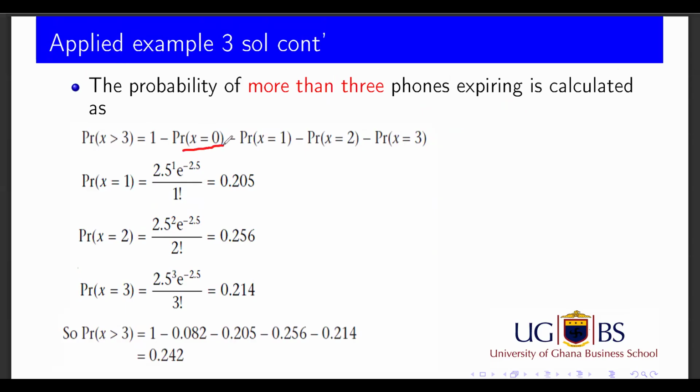Okay, find the probability of x is 0, x is 1, x is 2, and then x is 3, because the question was on more than 3. So if it is on more than 3, then you have to look at 3 or less. And once you find all of them, you subtract them from 1, as you can see here. And that will be 24%.